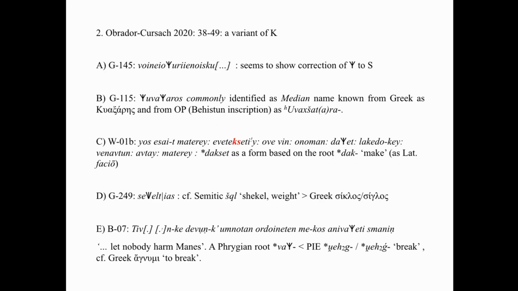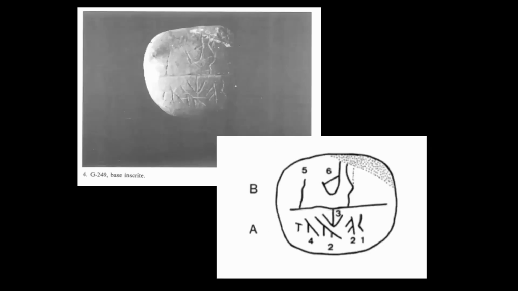On the other hand, Bartolomeo Obrador Cornet, in his book on Phrygian, also discussed this letter, dedicating quite some pages to it. He also dismissed the interpretation of Lejeune and proposed his own interpretation, which I found, however, even less convincing. He based his consideration basically on another instance, which is found on Graffito 249.